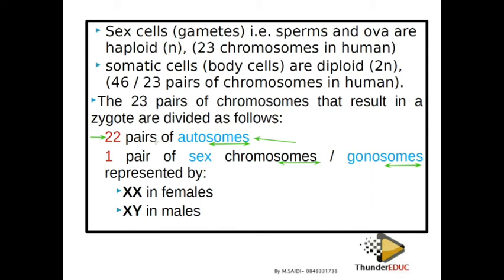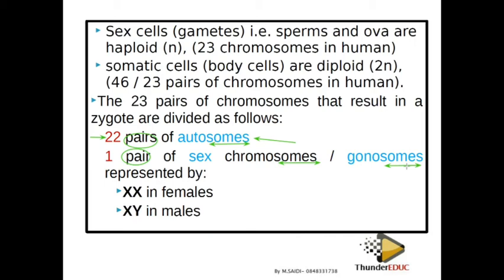We must put this in mind: we are talking about the pairs here. One pair of chromosomes is known as the gonosomes. So how many gonosomes in a human cell?